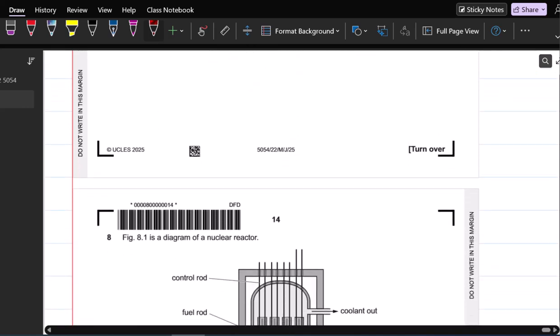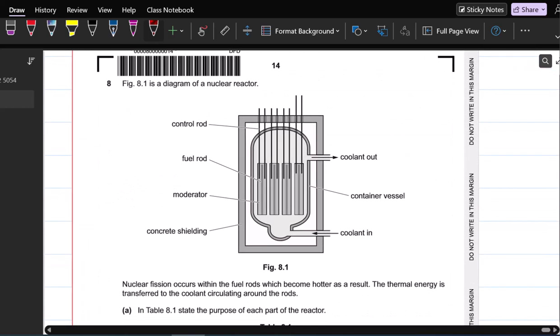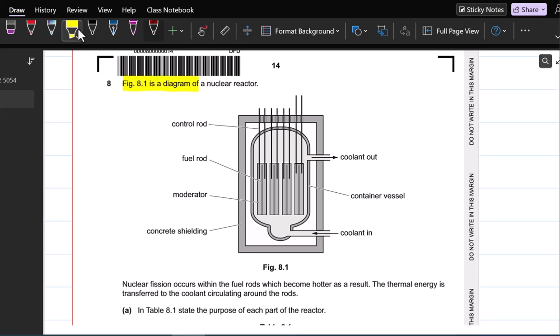Okay, this is a question regarding nuclear physics. Figure 8.1 is a diagram of a nuclear reactor. You can see control rods, fuel rods, moderator, concrete wall, coolant in, container vessel, and we are having coolant out as well.